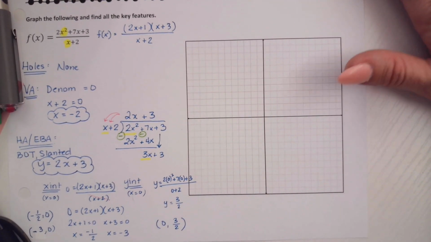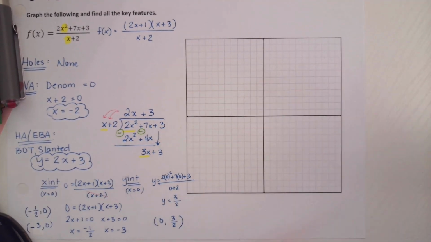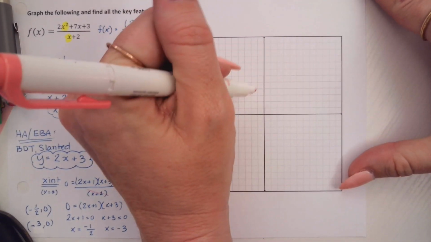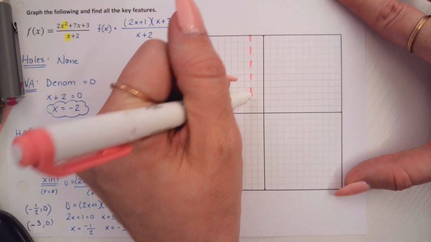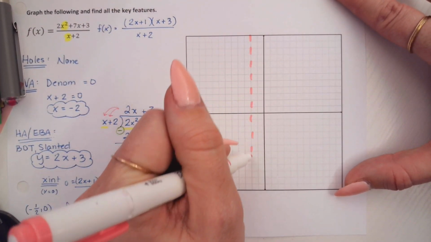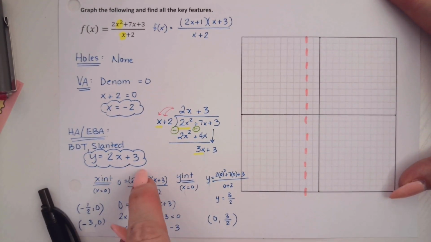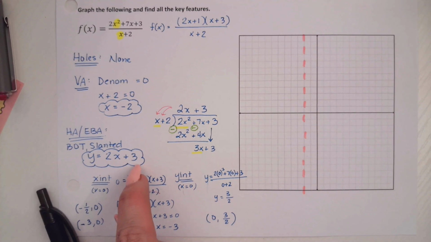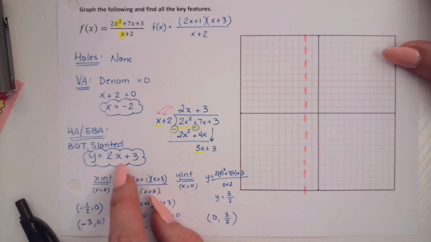Okay, I'm going to start by putting my vertical asymptote on my graph. It's at -2. And then remember, we have a slanted asymptote, which means we're going to have to graph this 2x plus 3 algebra 1 style. That's a slope and y-intercept. Which part should I graph first?